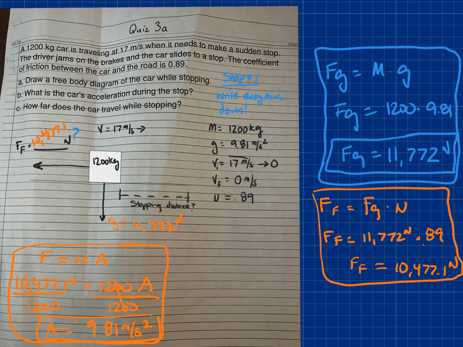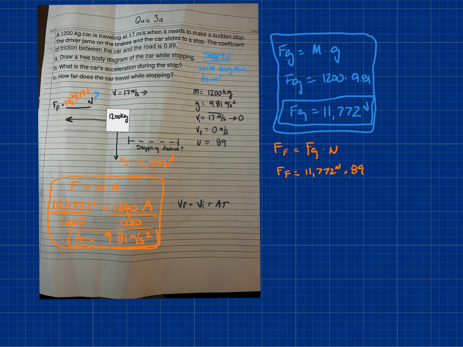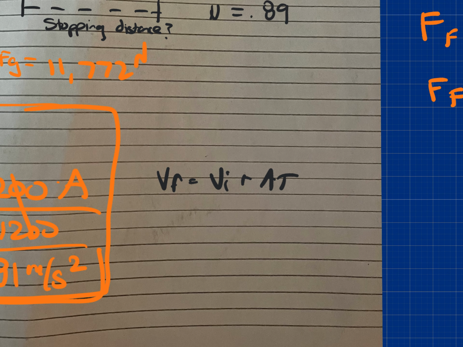And so we need to figure out how long it took for this object to come to a stop. I know that that's not being specifically asked for, but I'm going to write time to stop is equal to blank seconds. And what I'm going to do here is use the Vf equals Vi plus at formula that we used yesterday in the other question to calculate the distance to stop. So my velocity final in this case is 0 meters per second.